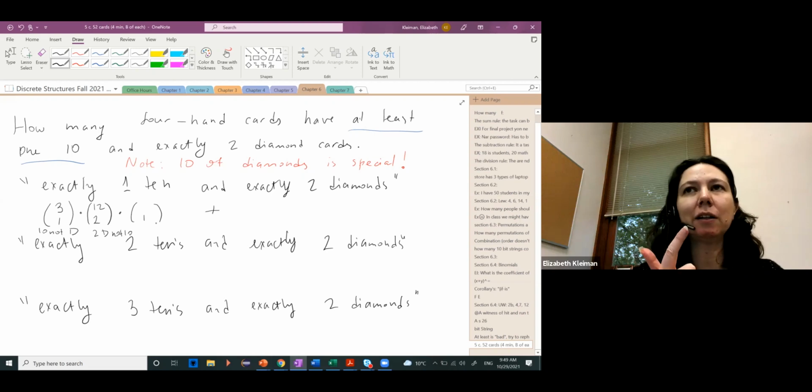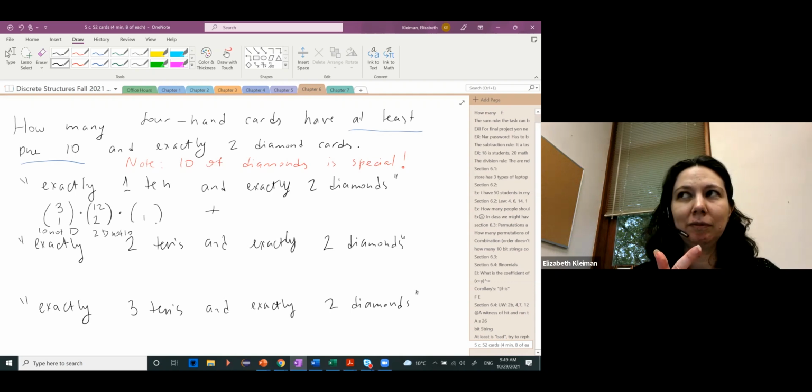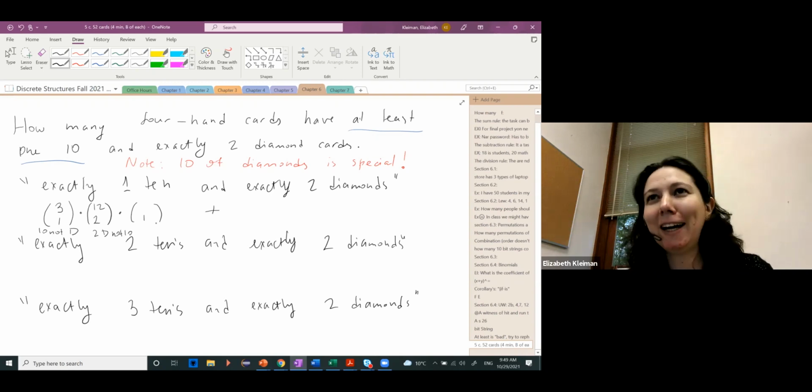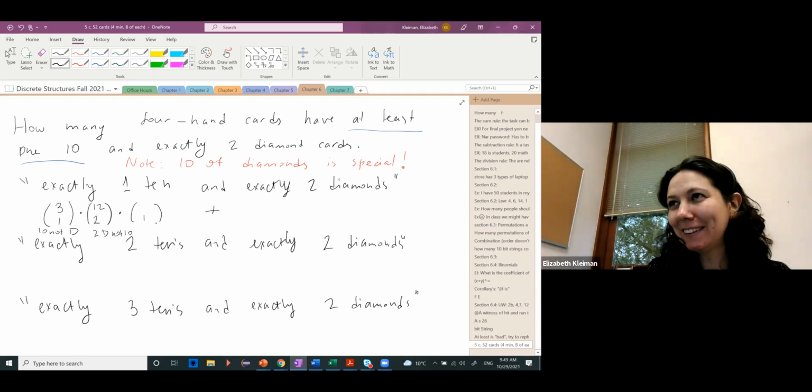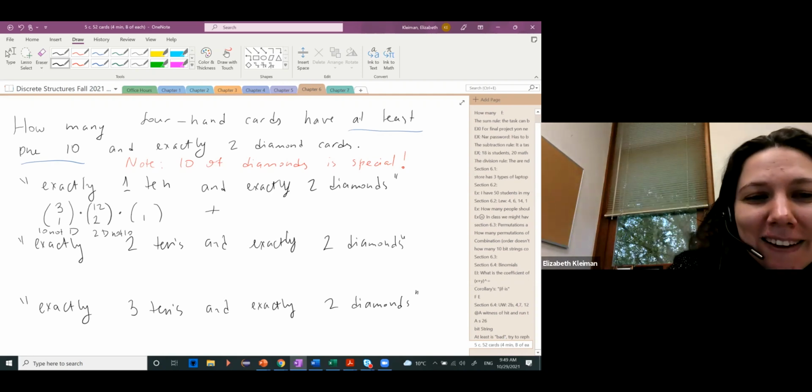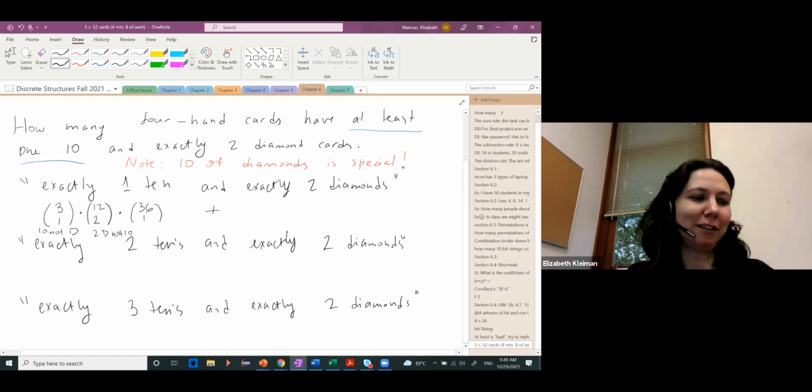No. So how many cards are bad cards, the ones I shouldn't touch? 16 are bad. I agree with that. So 52 minus 16 is 36. And this is my option out here.